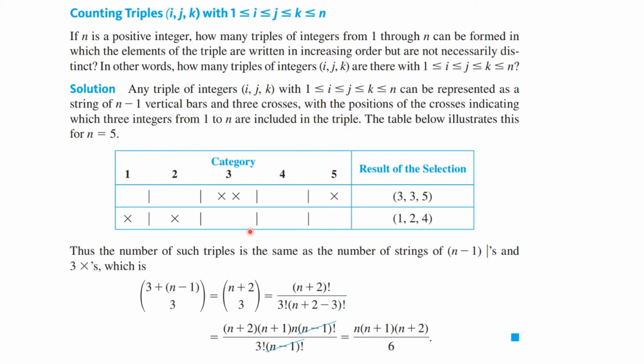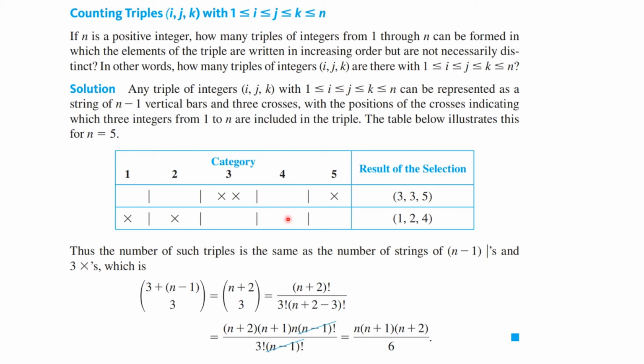So you see we're trying to pick here, the selection is going to be 3, 3, and 5. 1, 2, 4 is 1, 2, and 4.